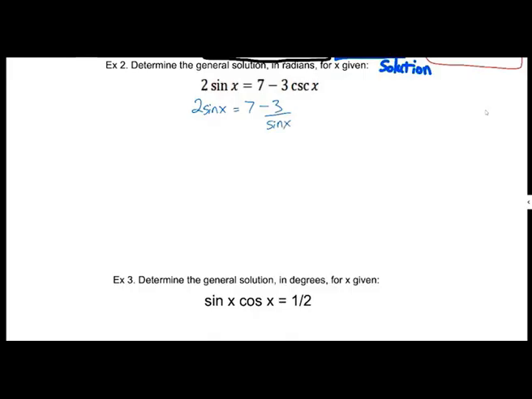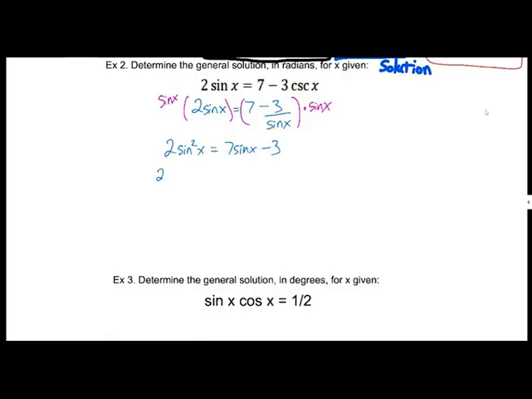Now, anytime we want to find a variable, one of the first things we normally do is get that variable up in the numerator. So let's multiply everything by sine of x to make sure that I'm not left with any unknown terms in the denominator. And so that's going to give me 2 sine squared of x is equal to 7 sine x minus 3.